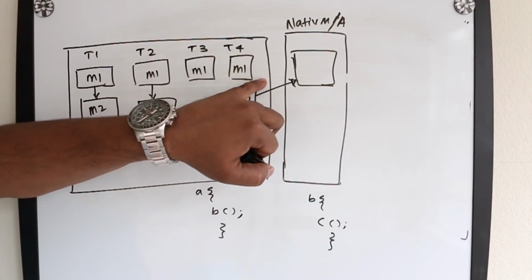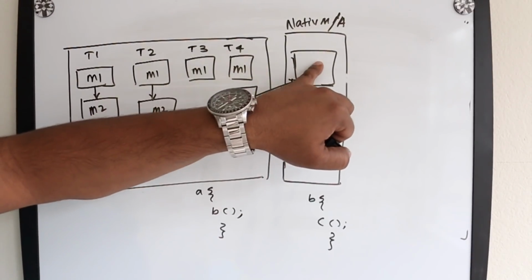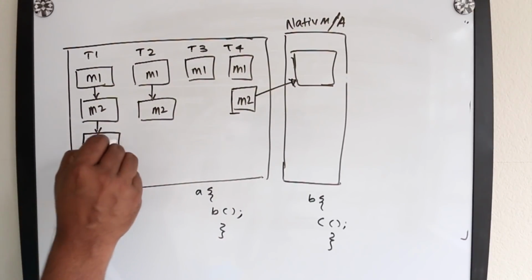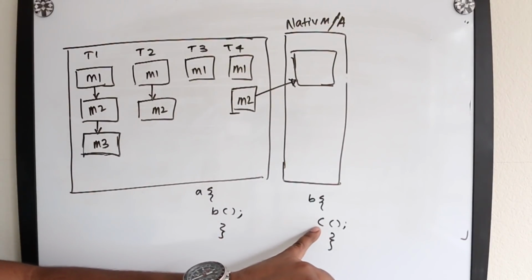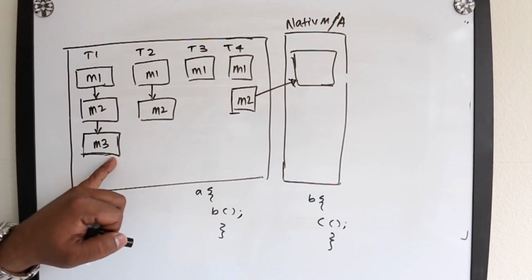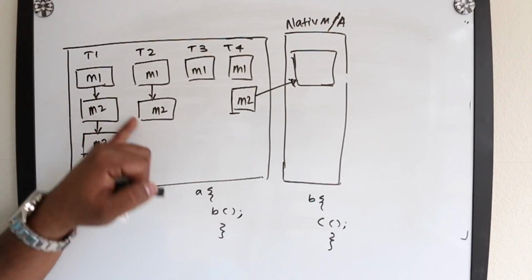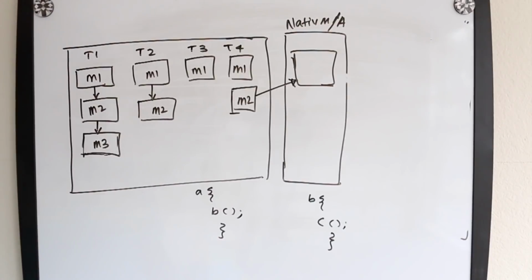But from here, from method 2 it will access the native method. Now you know that when method C exits, it will destroy this frame, and when B exits it will destroy this frame. When A exits, it will destroy this frame.